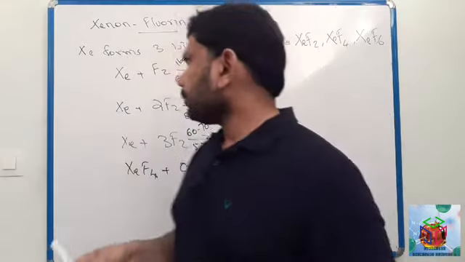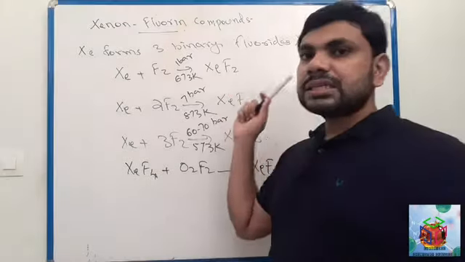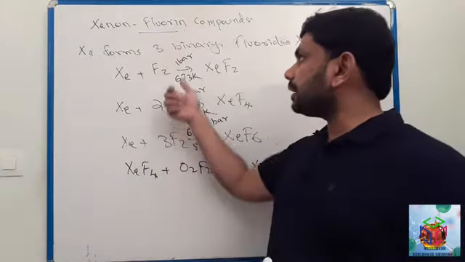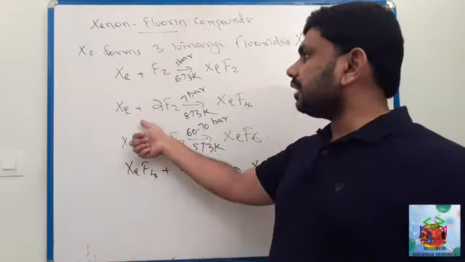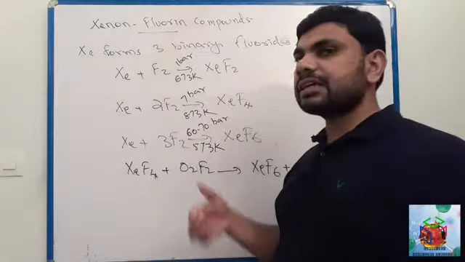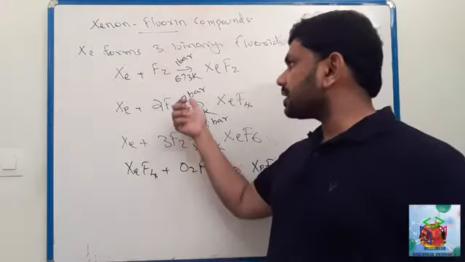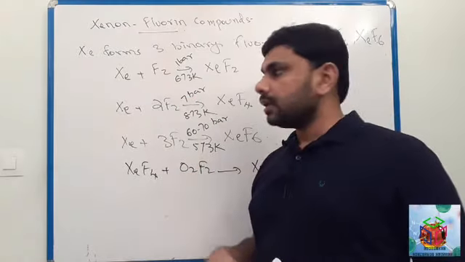Look here, first, xenon and fluorine form XeF2 at 673 Kelvin and 1 bar pressure. Xe reacted with 2F2 forms XeF4 at 873 Kelvin and 7 bar pressure.